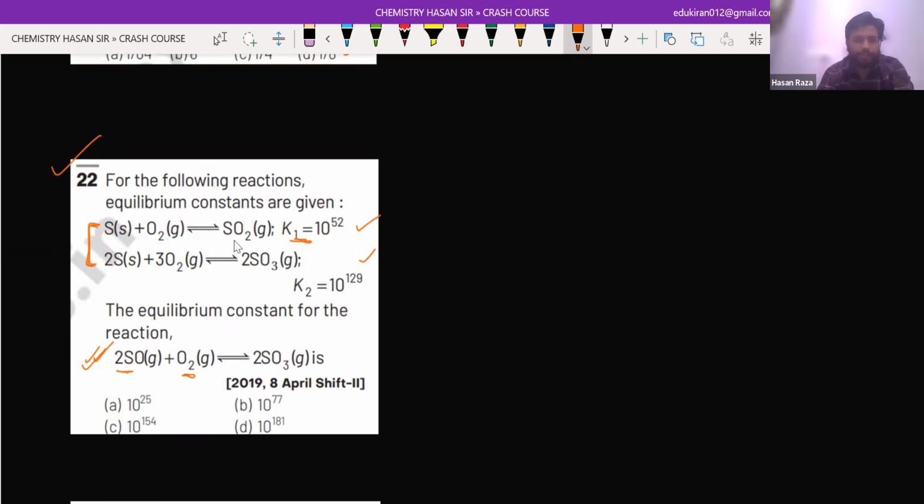Okay, let's start. 2SO3 is here, O2 is here, you can see 3O2 is here, and O2 is here. So how will you get it? First, you need to multiply it by 2. So I'm going to multiply this reaction with 2. If you multiply it by 2, is there any mistake in the question? Because this is your 2SO.